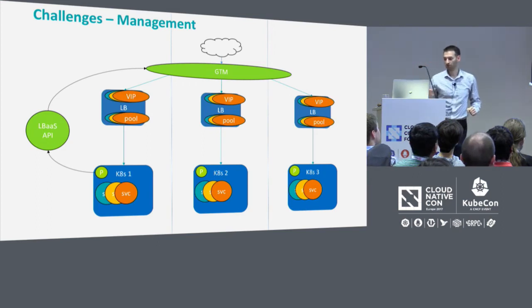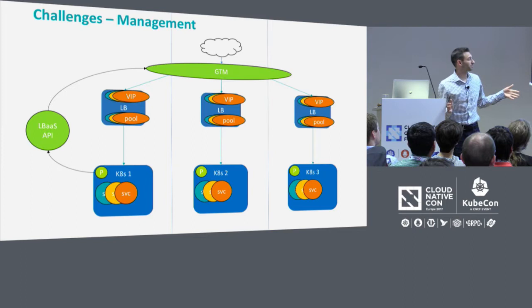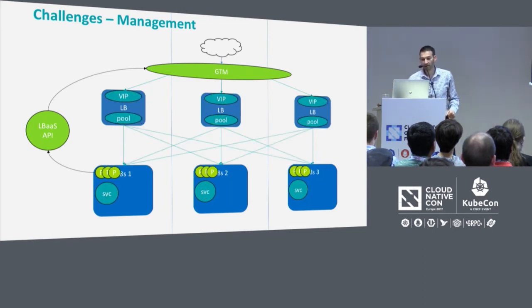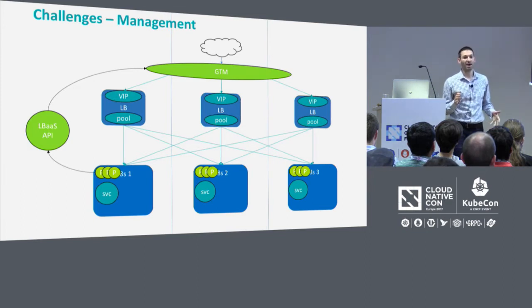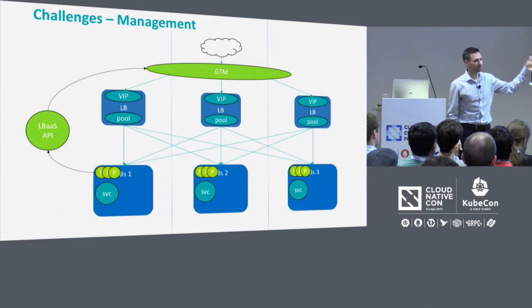So just to show what this would look like with 3 services running on the 3 Kubernetes clusters, you're adding each one of those to every single load balancer. And then the vendor recommends, for high availability reasons, that you also add nodes from clusters in different regions or in different availability zones.